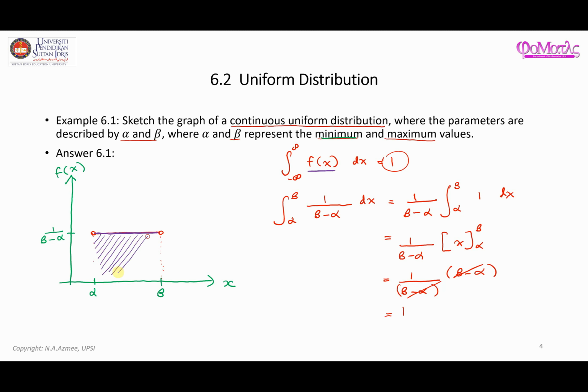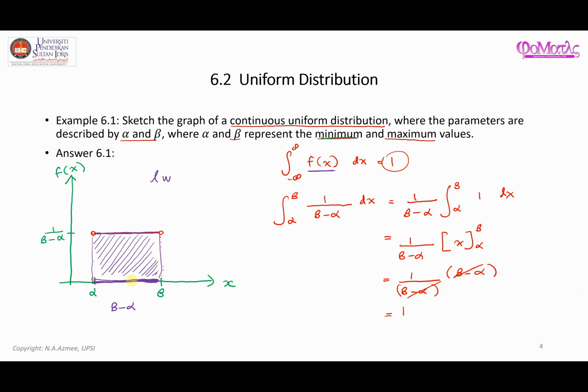In this case, the area is just the area of a rectangle. You can easily see that if you want to find the area of a rectangle, you just need to find the length and multiply it with the width of that rectangle. Clearly the length here is beta minus alpha.